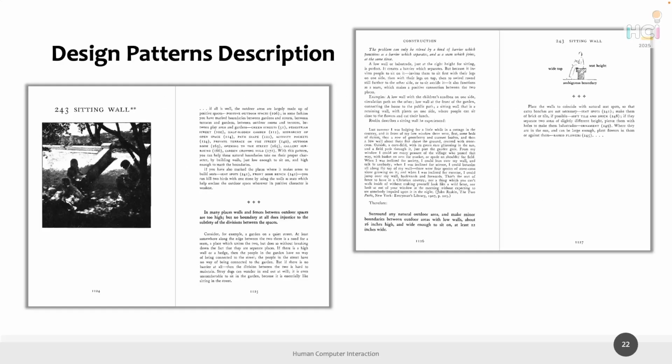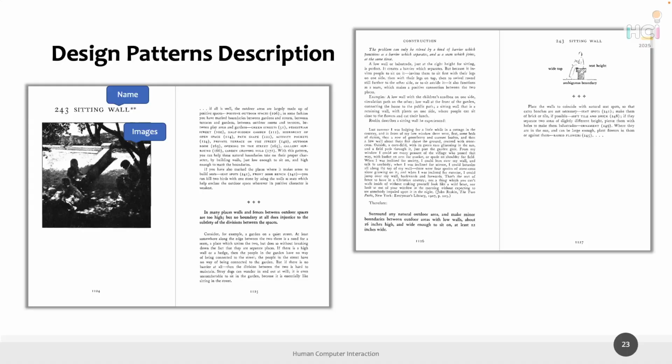And how can we describe these patterns, and how are they described in the literature? This is again an example from the Alexander book, so it refers to architectural patterns, but we will see in a minute that the same description also applies to UI patterns. So here we have a name and some images.